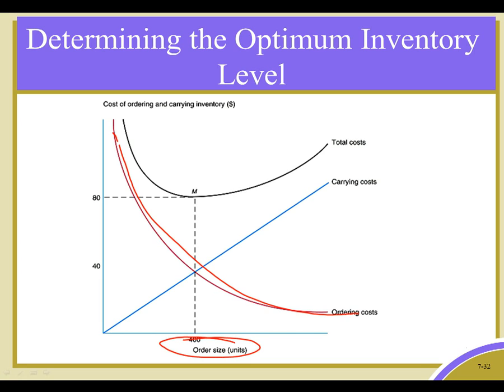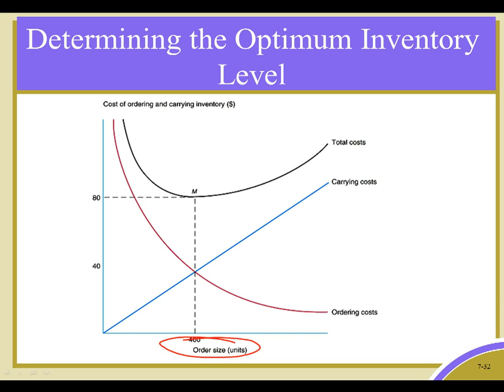Having said that, because we're getting very large deliveries, we're going to have from time to time very high levels of inventory, and the carrying costs are going to be higher if we're only placing a few orders throughout the course of the year. So what we are attempting to do is to balance these two costs.